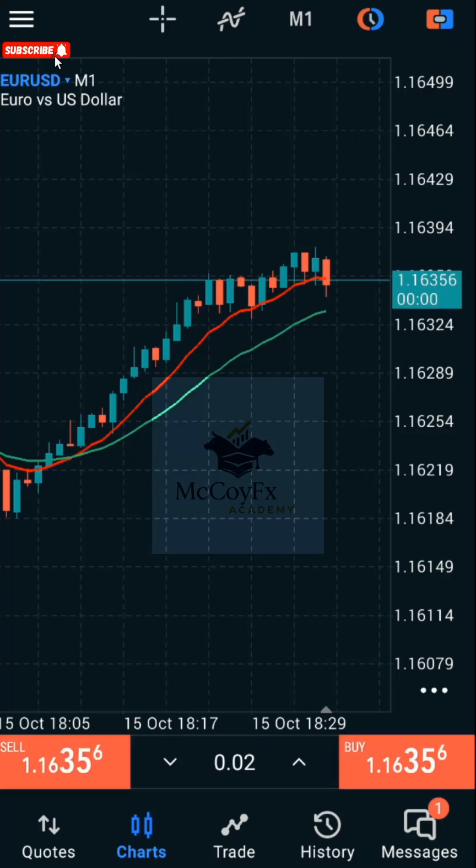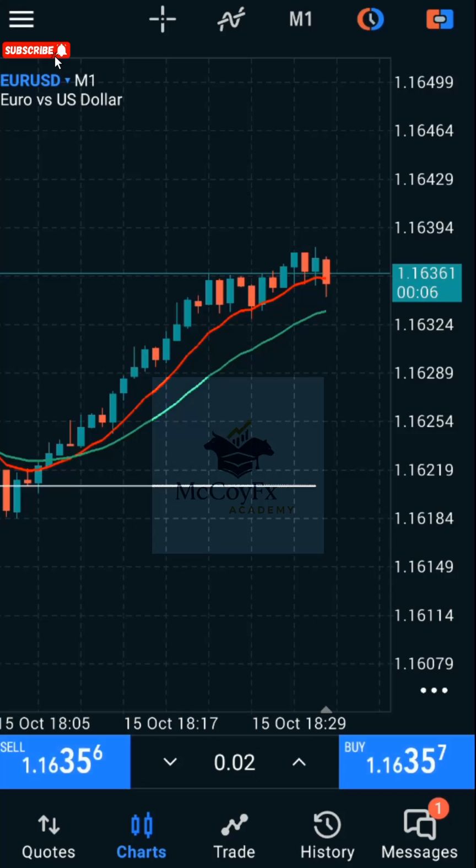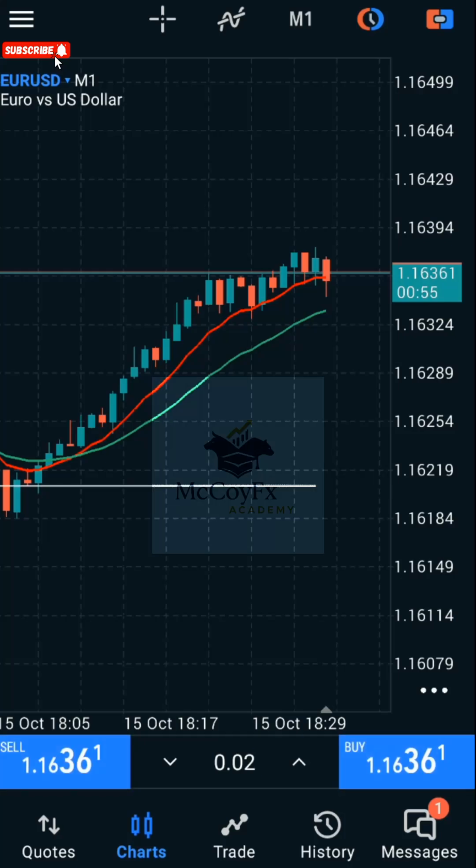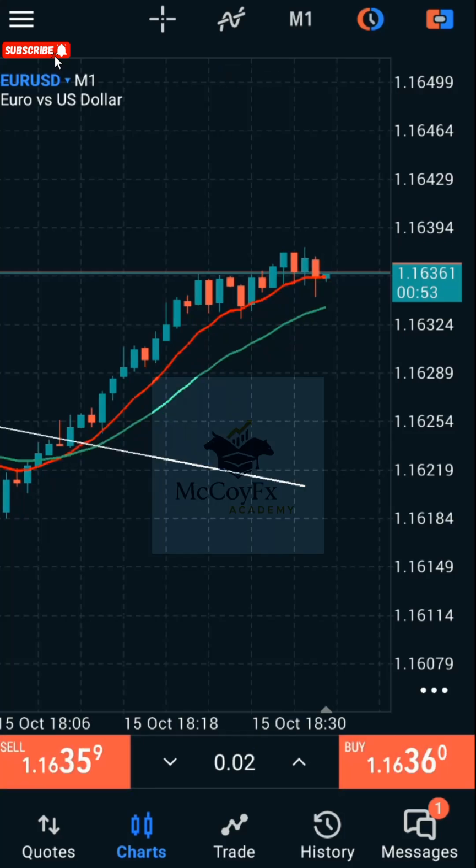If you change it to daily or 4 hours or weekly, the current candlestick will be running for, let's say, weekly, before it changes to the next candle after 1 week. If it's on 4 hours, the current candle will have to run for 4 hours before it changes to the next one.